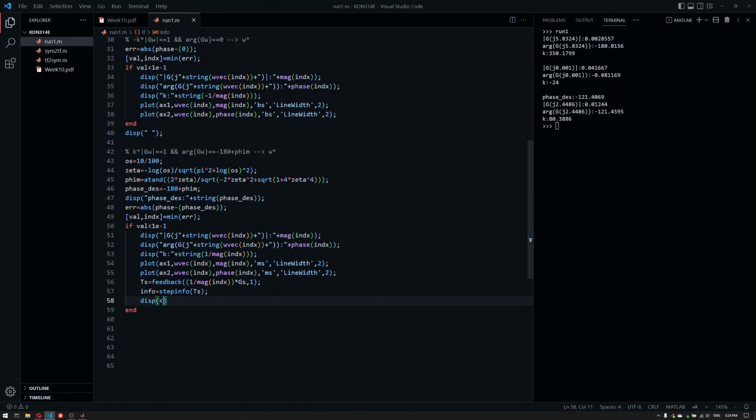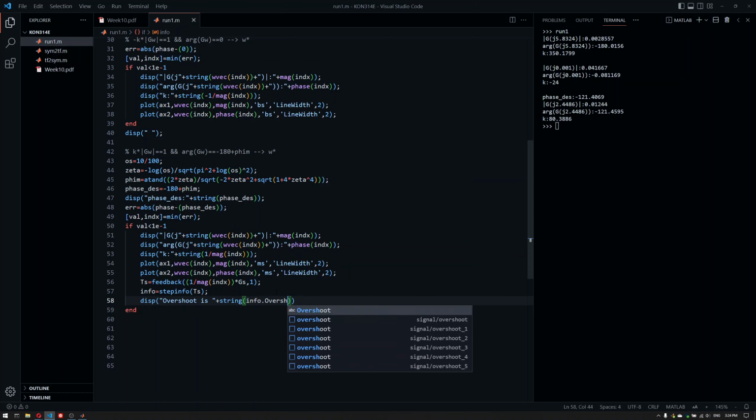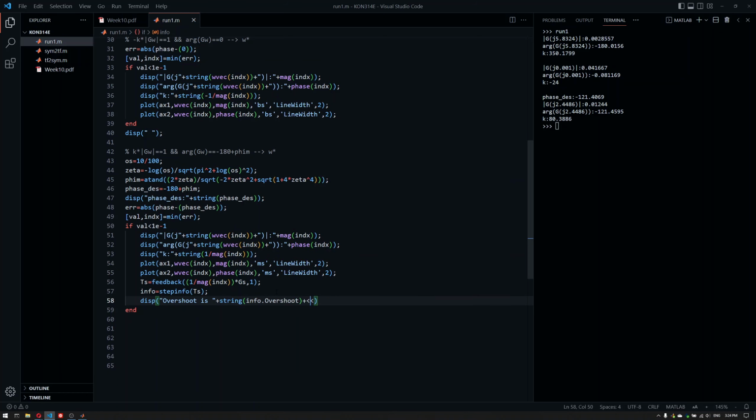And let's display 'overshoot is', and then string info dot overshoot, percent, 'where it should be', string OS, percent. There we go. Now let's run it.